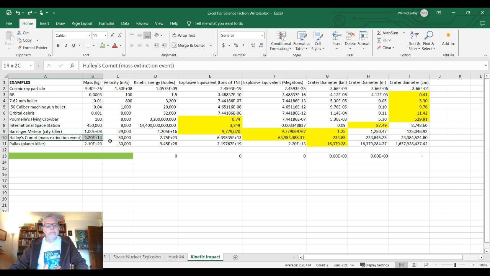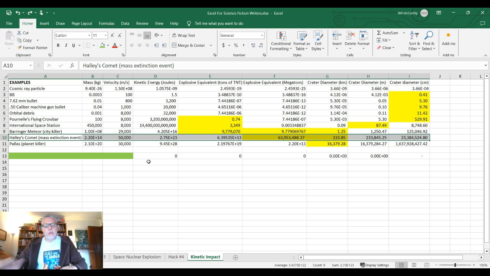If we go up to something even more ferocious, Halley's Comet weighs about 2 times 10 to the 14th kilograms. And at perihelion, at its closest approach to the sun, it's going about 50,000 meters per second, or 50 kilometers per second.